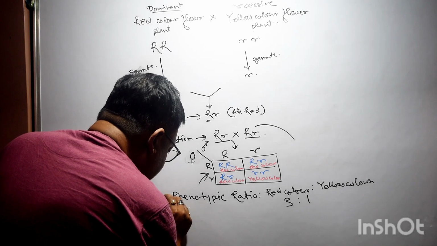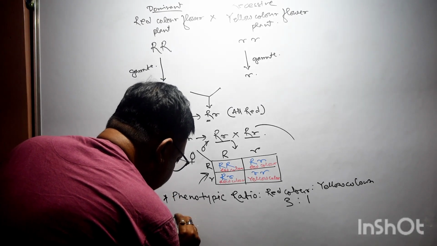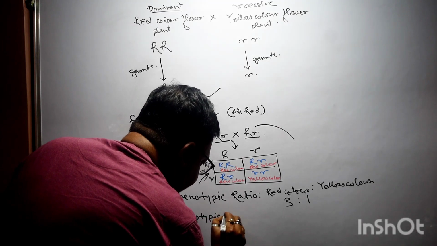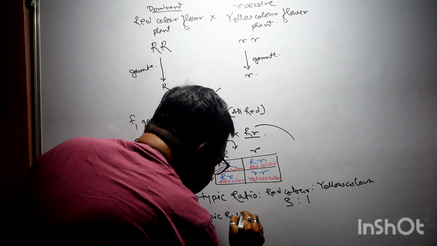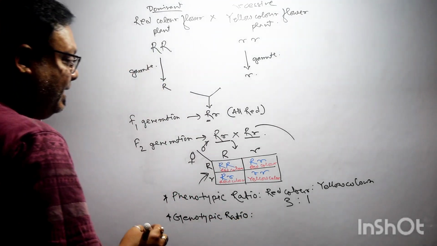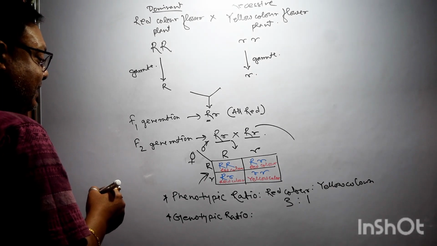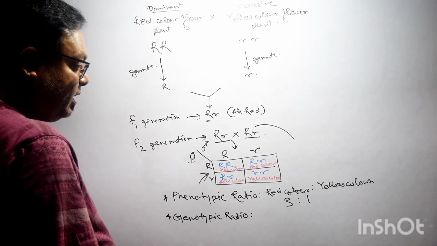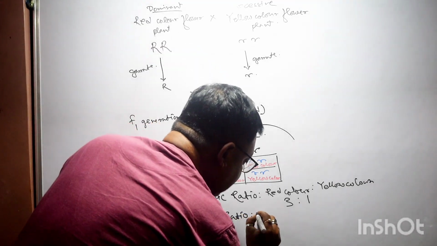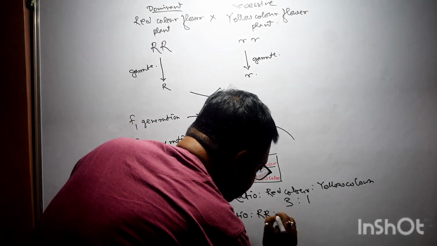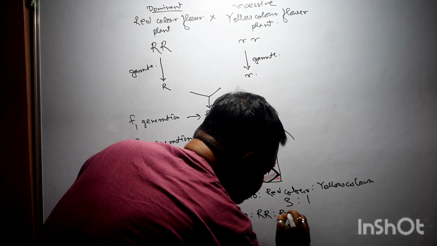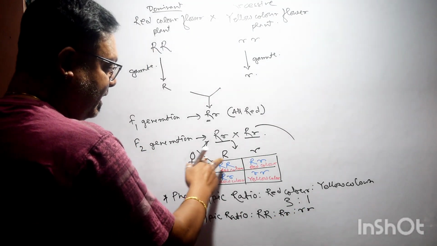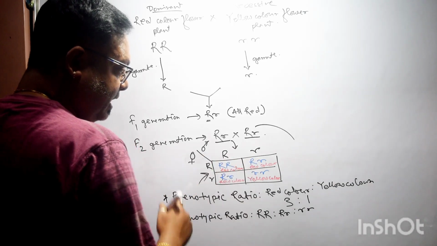And second is genotypic ratio. In case of genotypic ratio, we know it is the arrangement of genes. So in these 4 boxes, what are the different types of arrangement of genes? They are capital R capital R, capital R smaller r, smaller r smaller r.